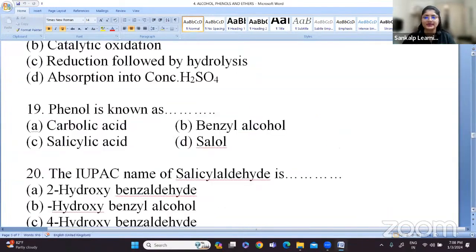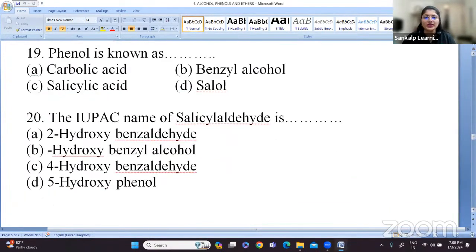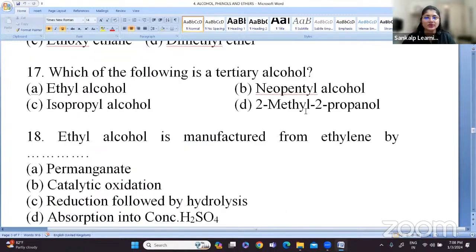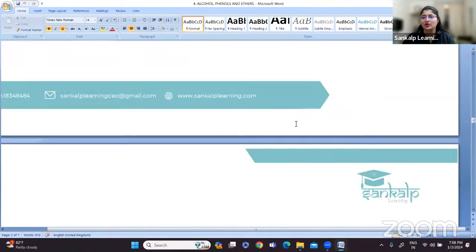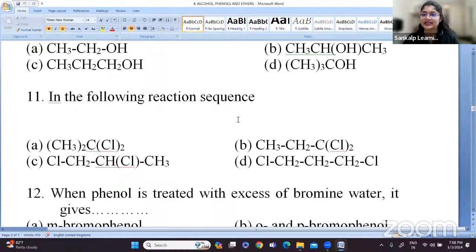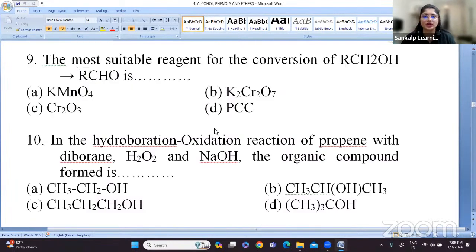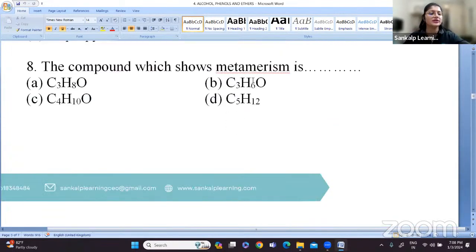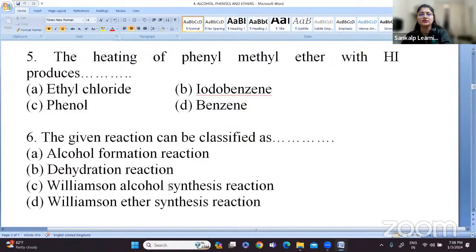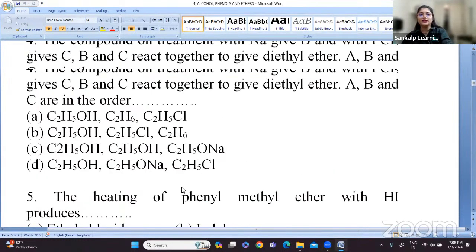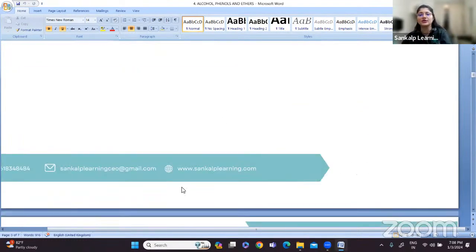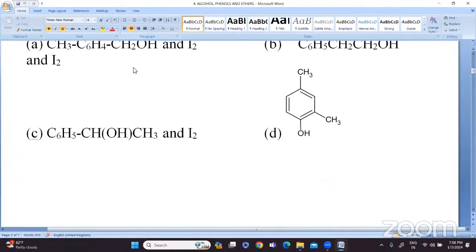Yes. 2 more minutes. If you have any doubts regarding this particular chapter, you can ask me, or else I'm going to go to the next chapter, biomolecules. We have enough time.